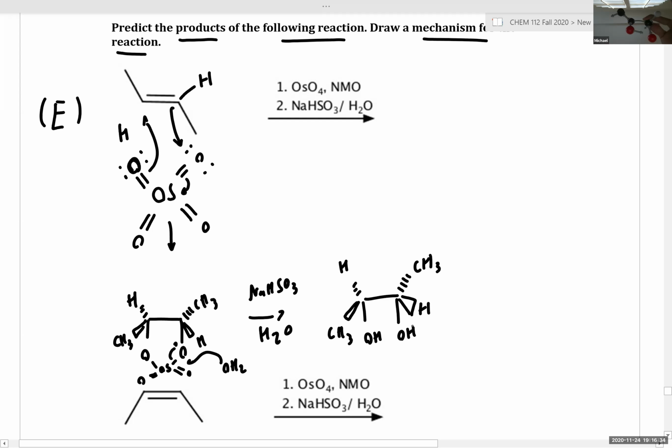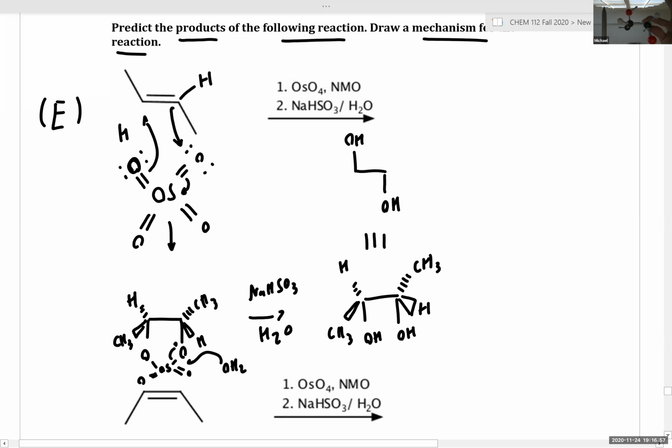Now, what I want us to look at is how we can rotate this structure to model all the different ways that we can draw this structure. If we wanted to rotate this molecule, this diol is directly equivalent to the following diol. Now let's look at our stereochemistries.